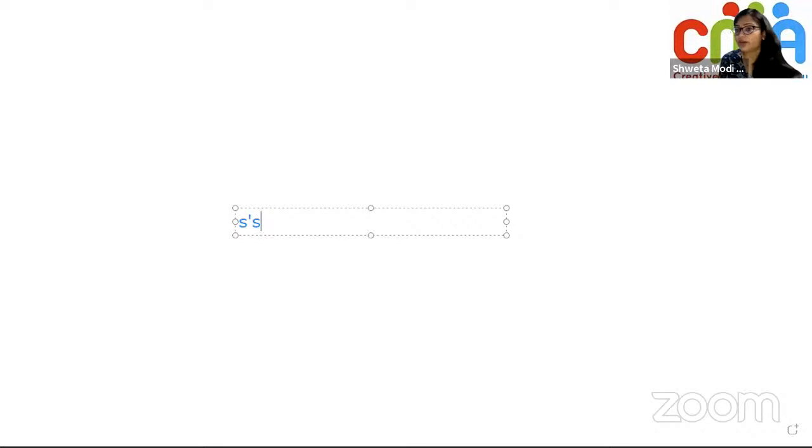It will be only one sound. So in the Indian curriculum, you will find, for example, bus's wheel. In some books you'll find this, and in some books you may find the other also. But especially in UK books, this Jolly Grammar book has apostrophe and then s. Okay, so both ways are correct.